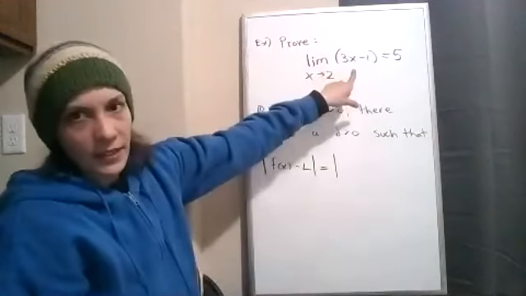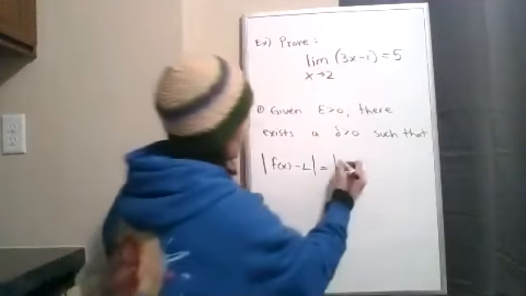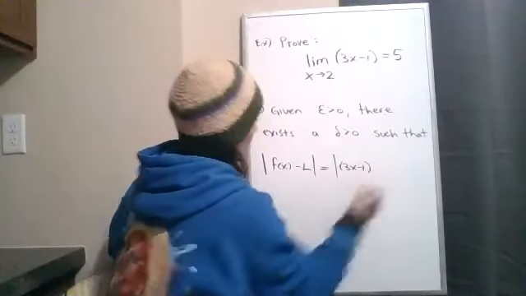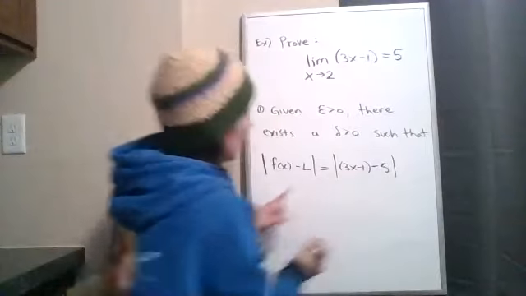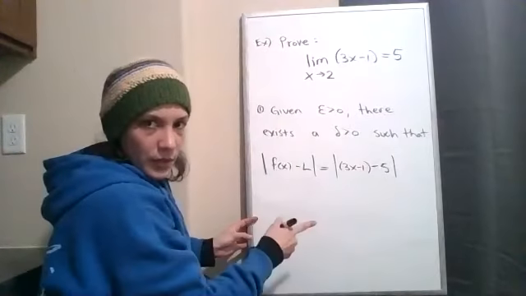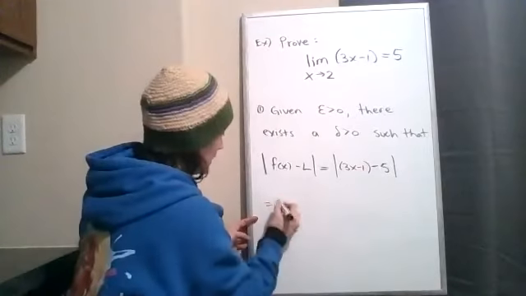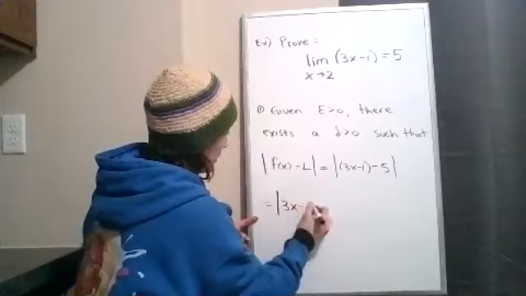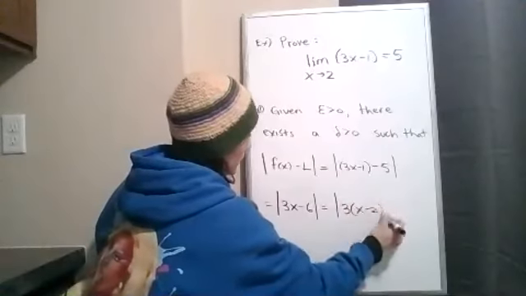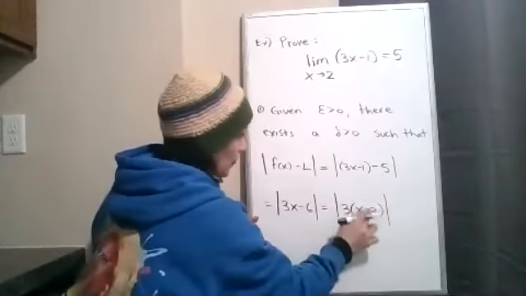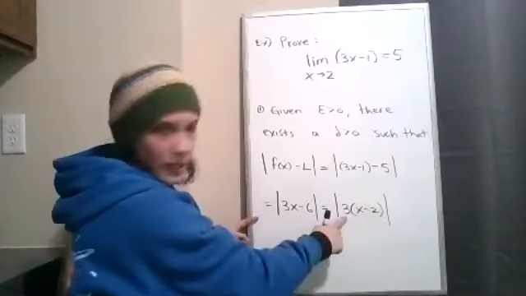okay, the linear f of x, 3x minus 1. And put in L, the limit is 5. Keep working, so 3x minus 6 inside absolute value bars. I'm going to factor out 3. It's positive 3.